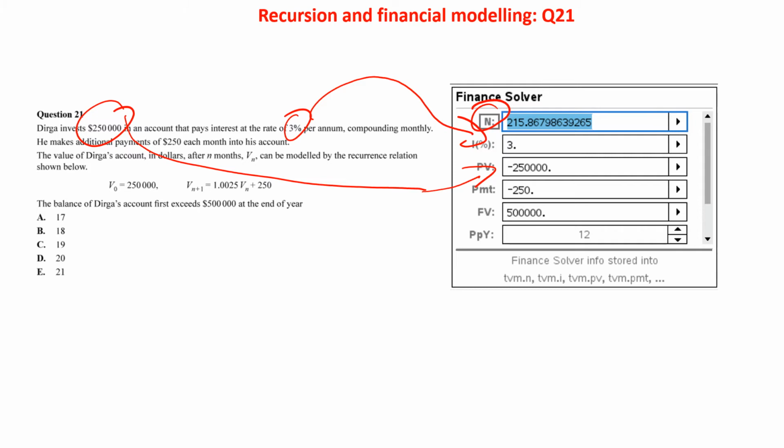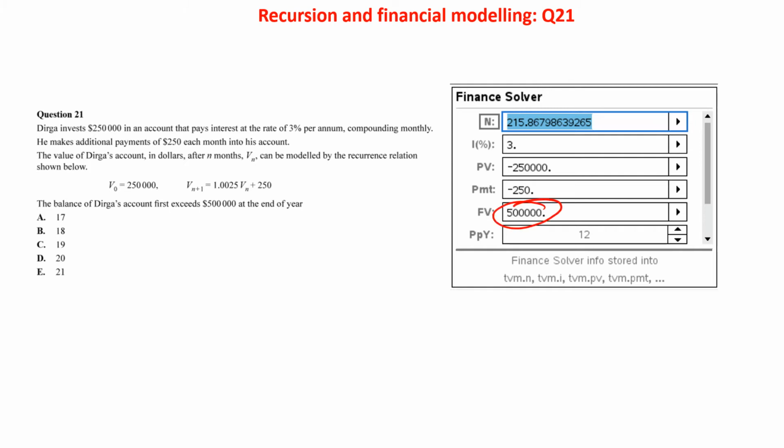Your payments, again you're paying extra in, so that's going to be minus 250. And your final value, when you reach 500,000, would be your final value. Once you do that, you calculate your payments, that's your n, and that means there are basically 216 payments.